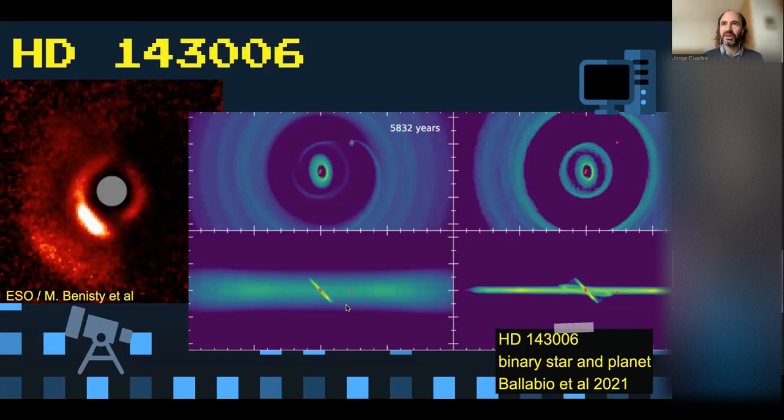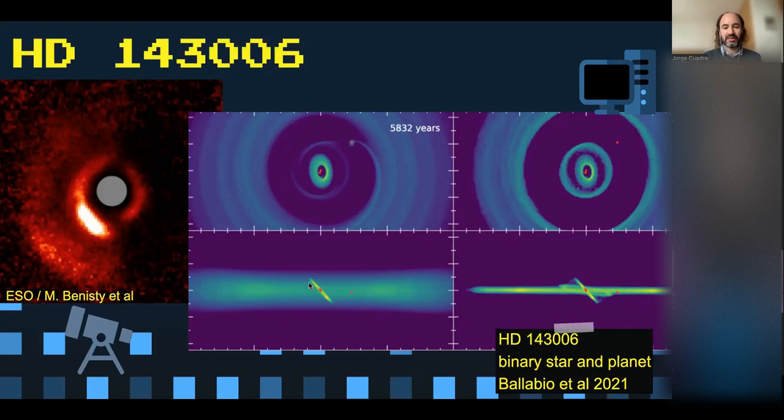But to make this work, you need one more ingredient, which is a planet somewhere in between that carves a gap. It cleans up a gap here, and that allows the inner disk to separate and remain. So it lets you have these two independent disks.